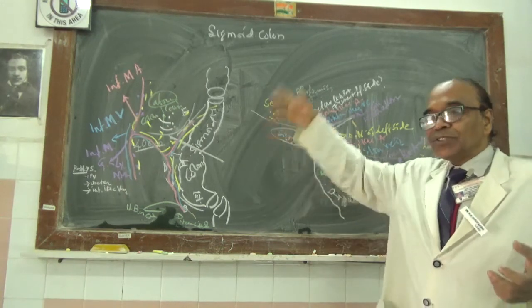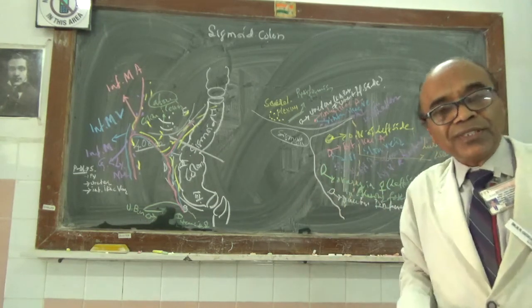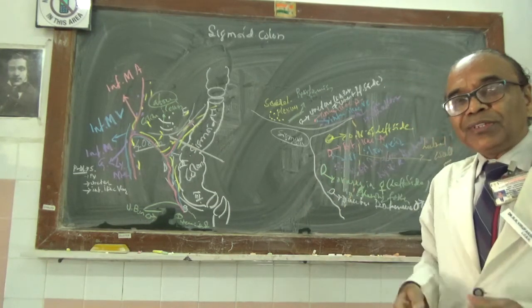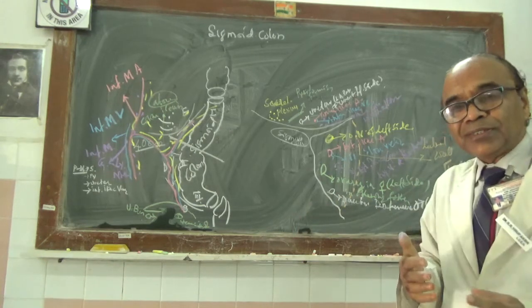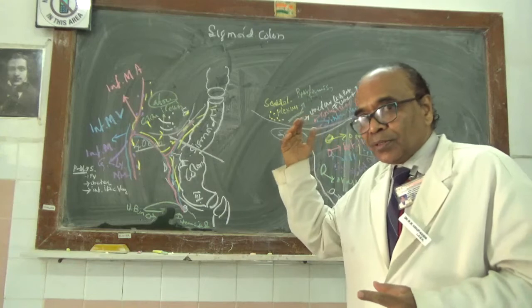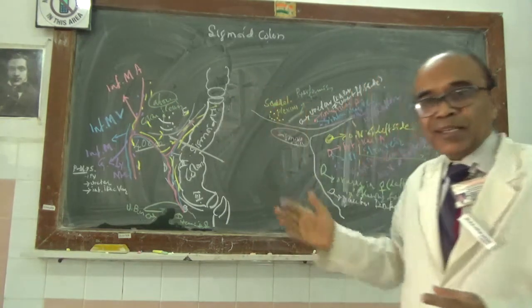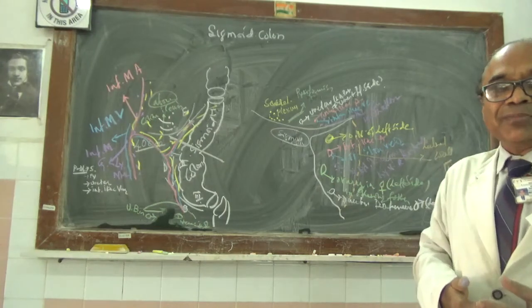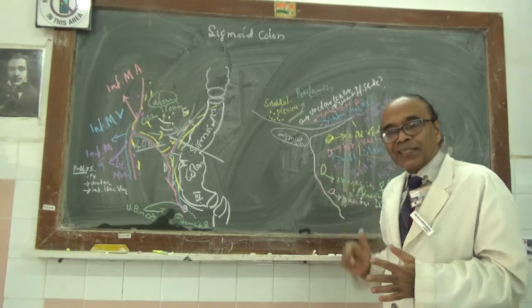This fixation is because it doesn't have any mesentery. Mesentery allows movement. So jejunum and ileum are the most mobile parts, and the most fixed part, the exception in the small intestine, is the duodenum.